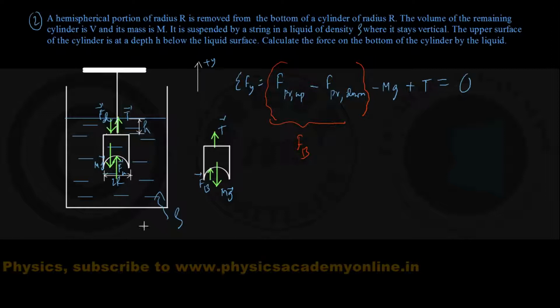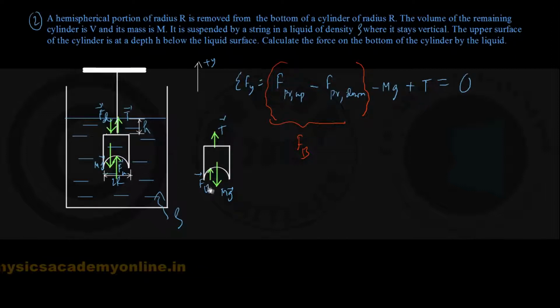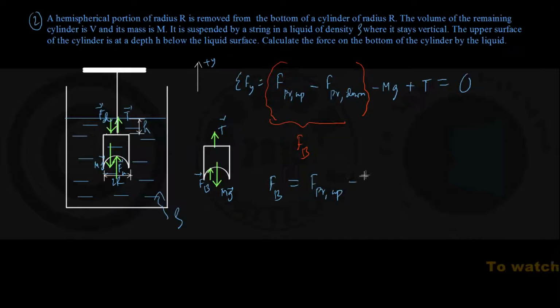This you must recognize all the time, that in my previous figure, whatever force of pressure I have shown, their net sum is nothing but the force of buoyancy acting upward. So this figure and this figure are completely equivalent. Once you recognize that, let me write separately that the force of buoyancy acting on the immersed cylinder is equal to the force of pressure acting upwards minus the force of pressure acting downwards.